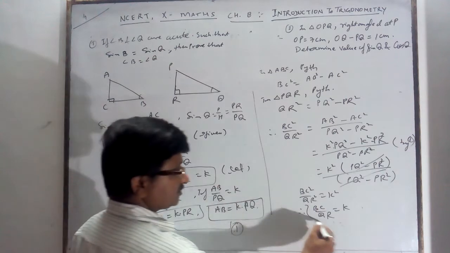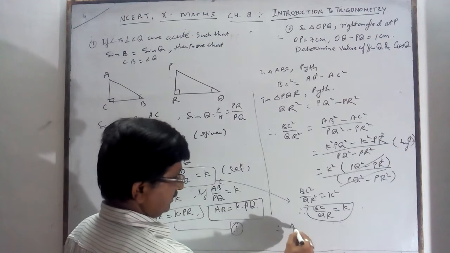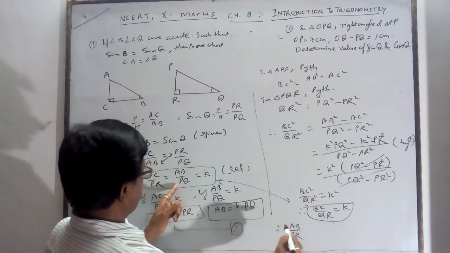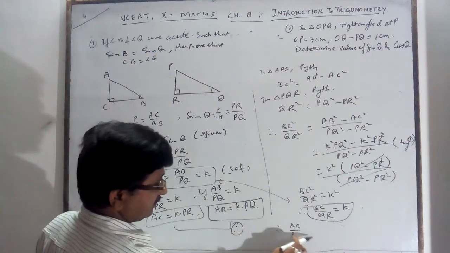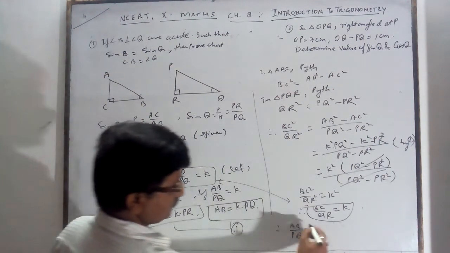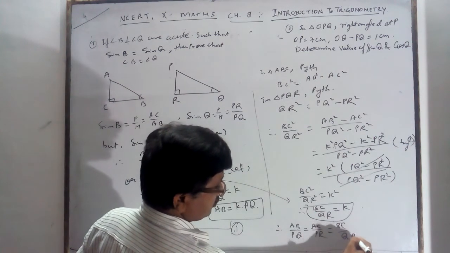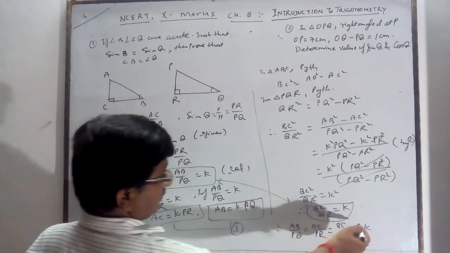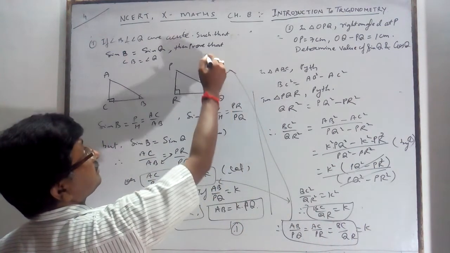Comparing these, we are getting AB by PQ is equal to AC upon PR is equal to BC by QR is equal to K. So these three side ratios are equal, which means both triangles are similar.